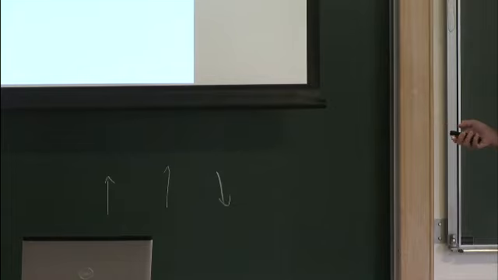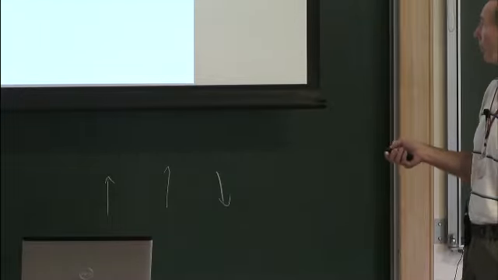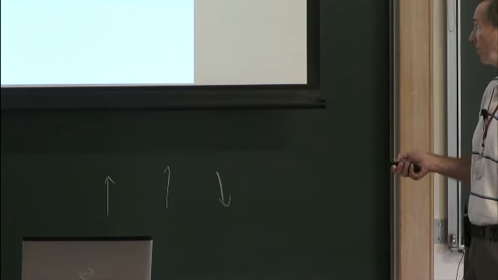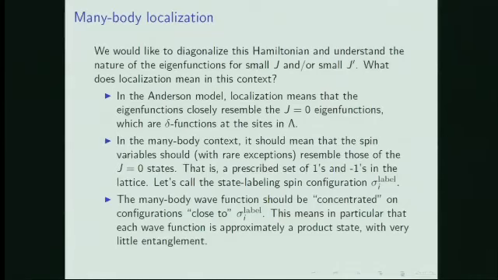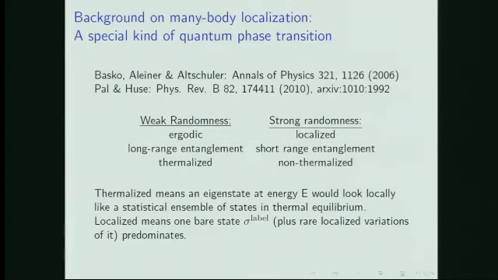But you can go further than that, and note that this is also an issue of entanglement. When you have many-body localization, then you have approximate disentanglement of a spin over here and a spin over here. So there's some background here.